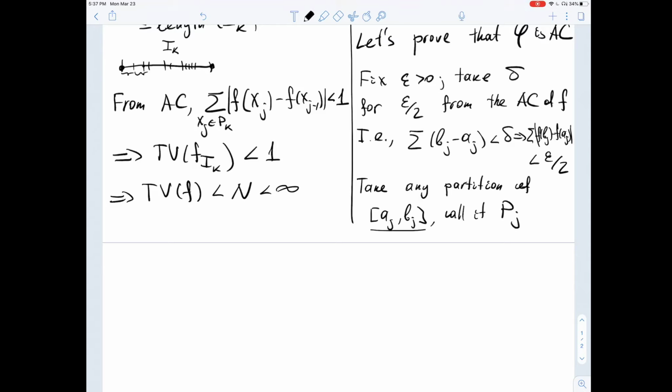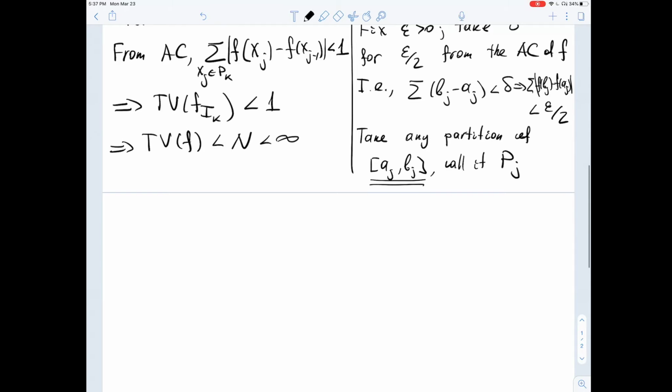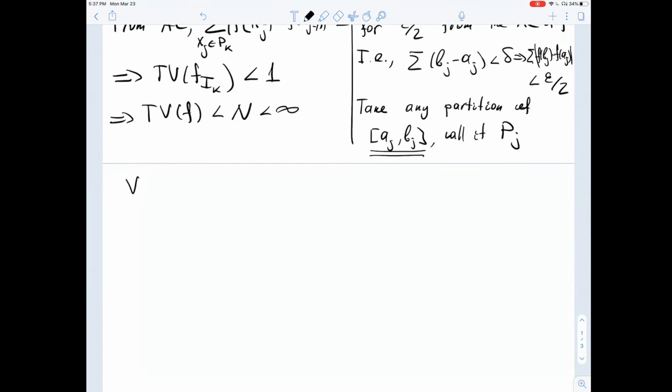So these intervals are disjoint, or at least disjoint except for the endpoints, because we were talking about open intervals, so they can meet at the endpoints. But except for the endpoints, they're disjoint, and so the Pj's are also disjoint, except maybe for these connecting points. Okay, so what is the variation of f over Pj, and then I sum over all j's?